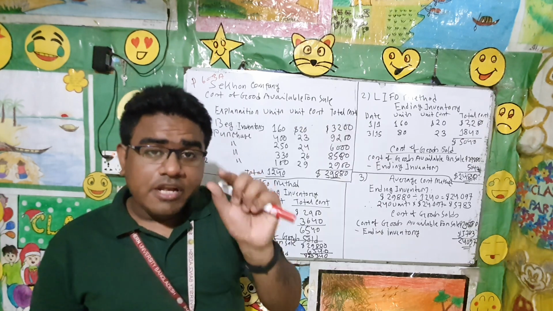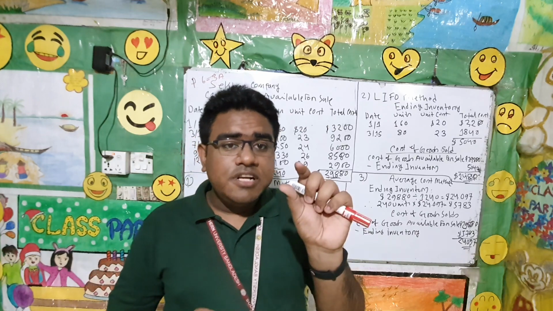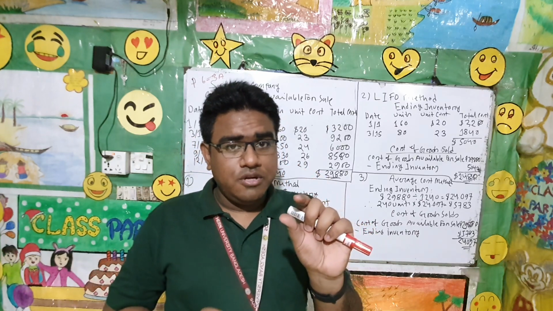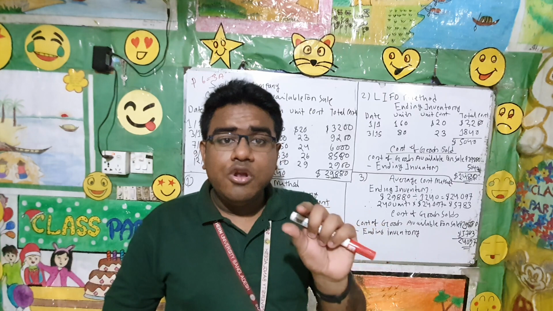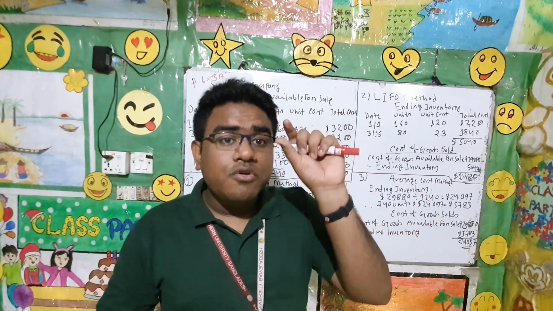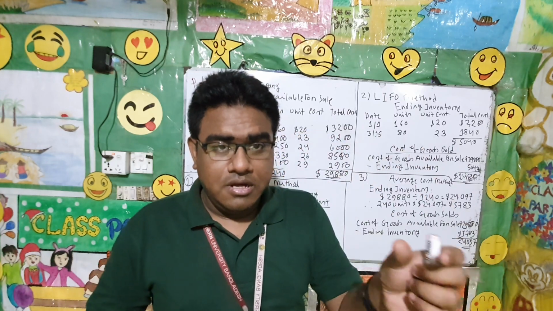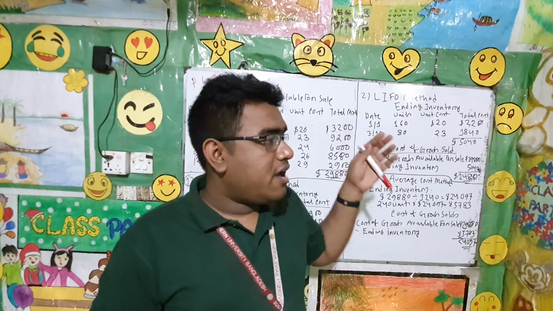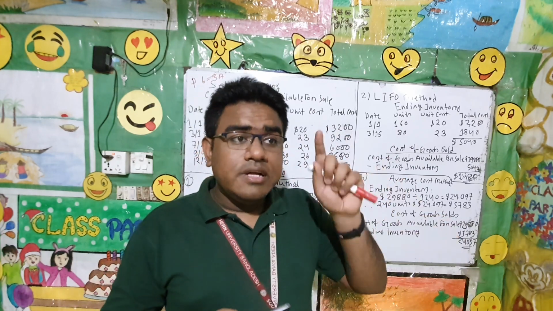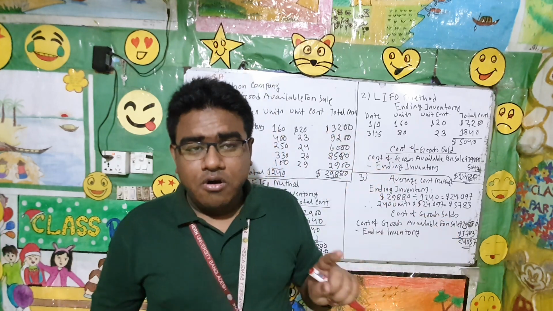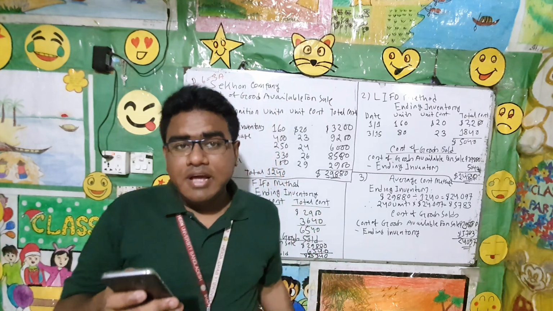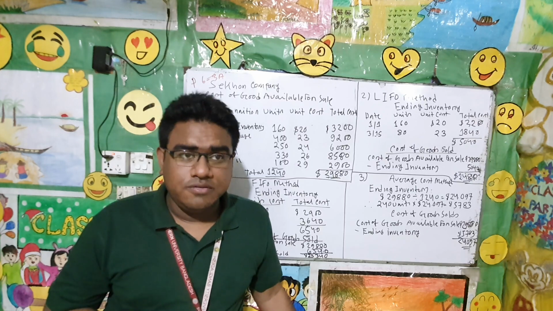So at the beginning of the year they have certain inventory, as I discussed earlier. You will not start a single year without having a beginning inventory. So Secong Corporation also had a beginning inventory, which is 160 units, each costing $20.